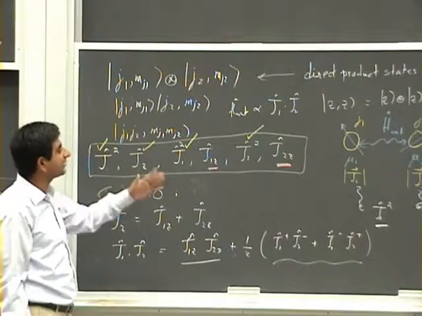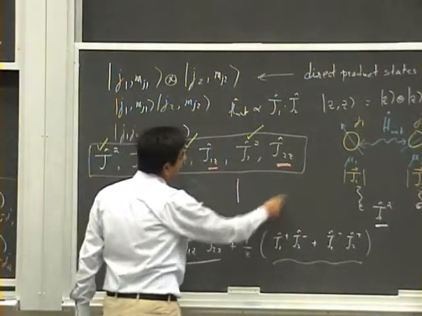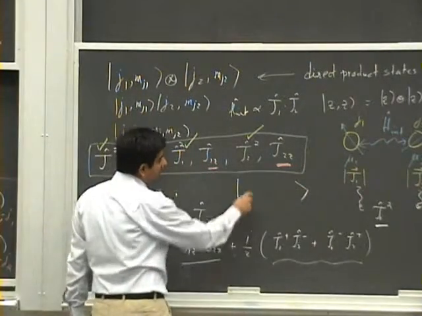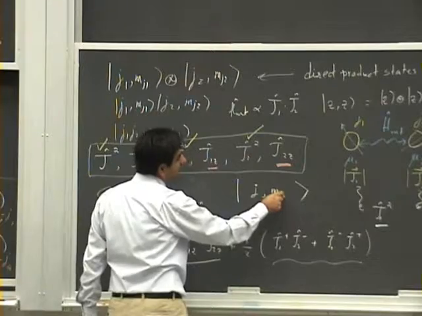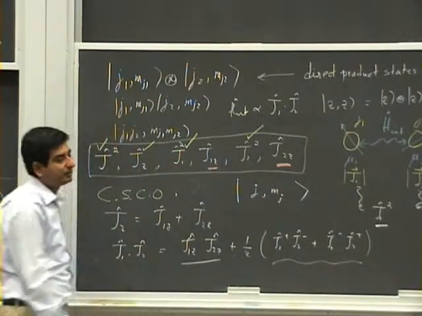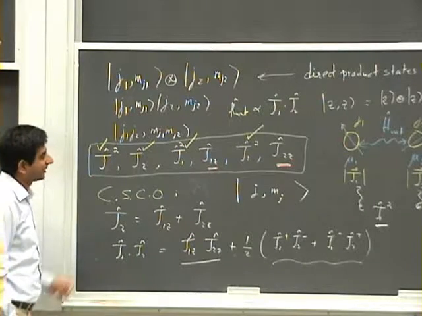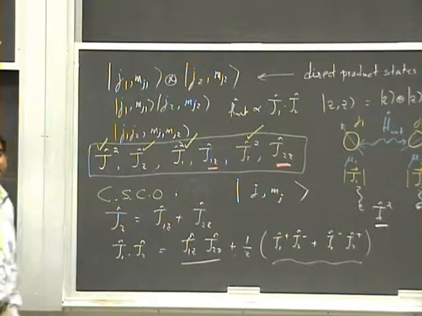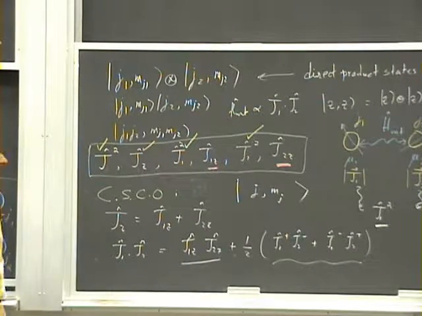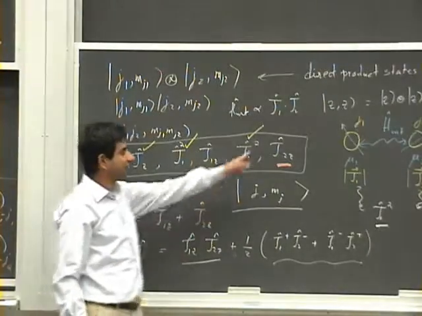So there will be a joint set of eigenstates for these four observables. Let's denote that joint set of eigenstates by |j, mj>, where j is the total angular momentum. Remember, this is not an eigenstate of J1z or J2z.